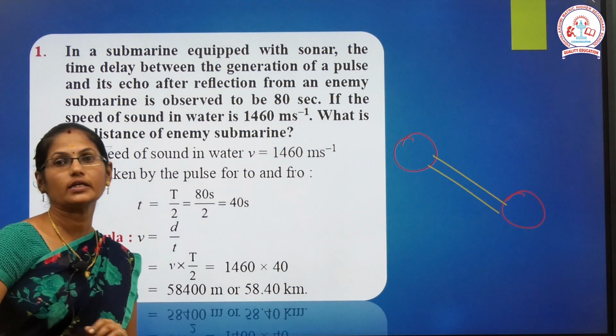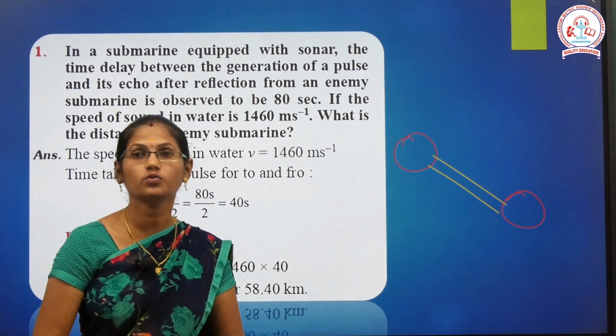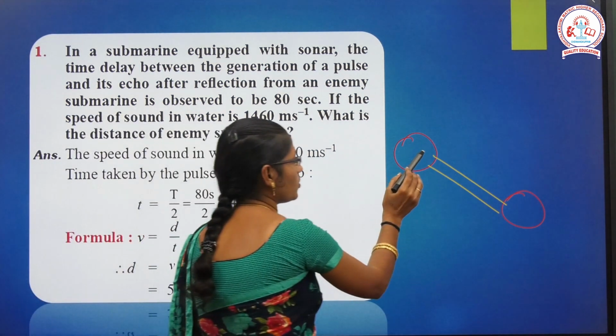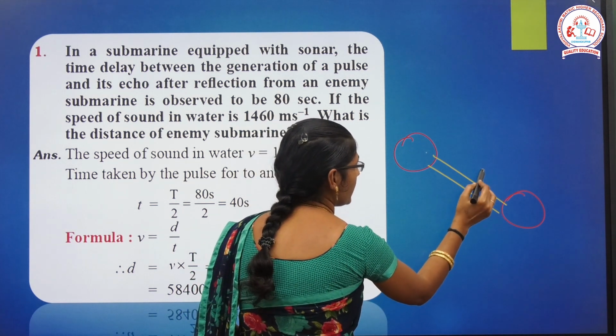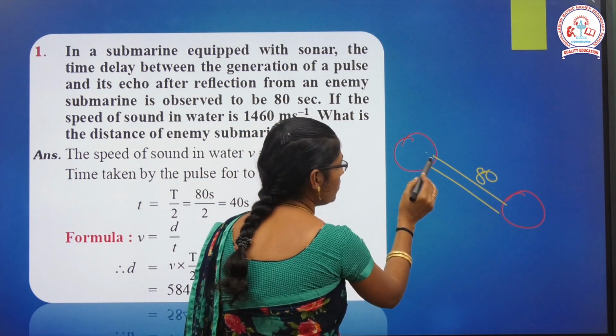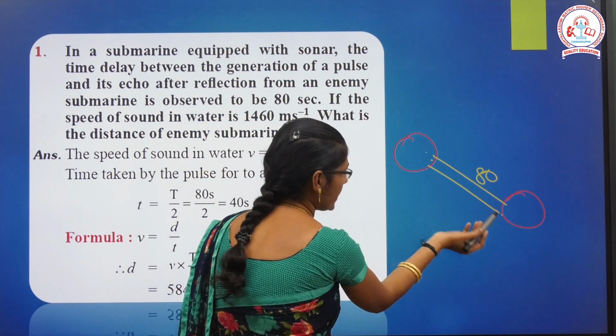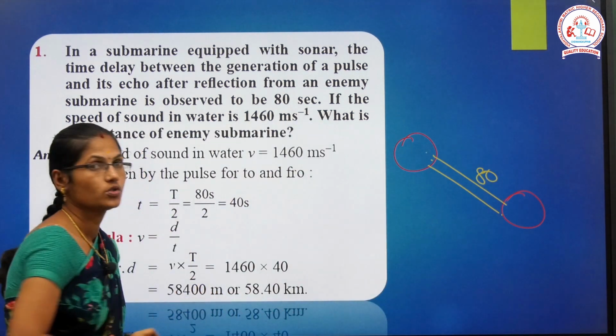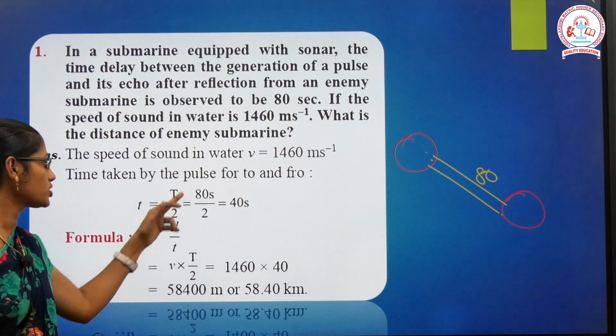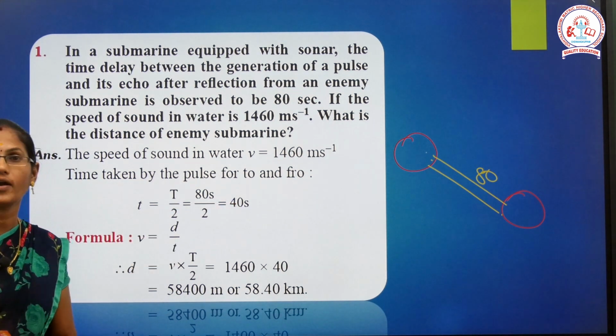Why do we use T by 2? Because the signal is sent and received, so we have to divide by 2. So t is equal to T by 2, 80 by 2, which is 40 seconds.